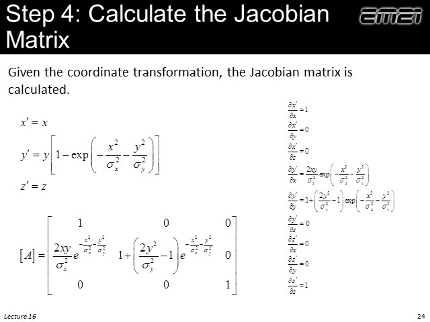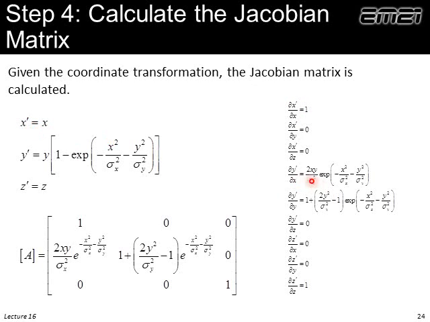Now we calculate the Jacobian. I'm repeating these 3 equations. I'm not repeating the definition of the Jacobian, but we know it has 9 elements, and here are the derivatives for all 9 elements. And we're just taking derivatives based on these starting equations. So for example, dx prime dx we get by differentiating this first equation.